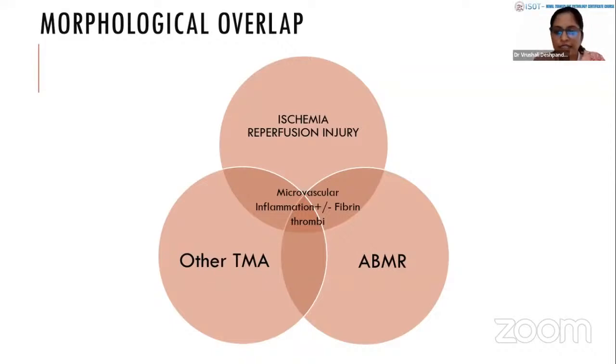And in situations like increased tacrolimus level, with relatively non-inflammatory thrombi in the glomeruli, we can think of drug-induced TMA. So for the interpretation of these morphological findings, we always have to take into consideration the relevant clinical data.